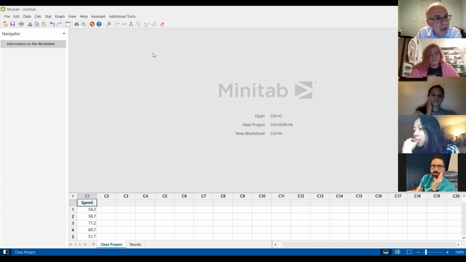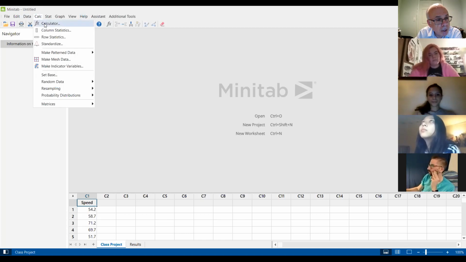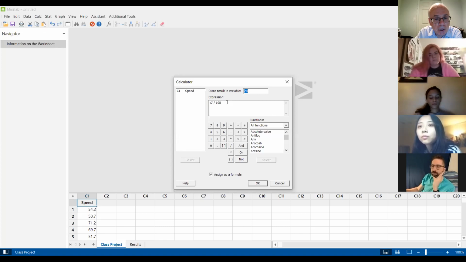Now, there is a calculator in Minitab, right here. Under Calc is Calculator. I'm going to delete because it saved what I did last time. I want to save C2 here. I'll show you in a minute what I'm going to do in C2.